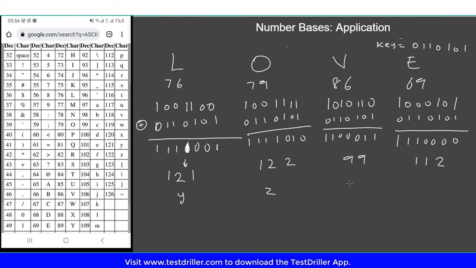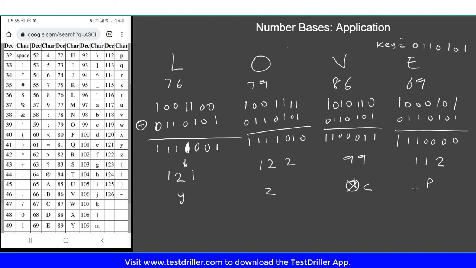Then 99, let's check it again. Sorry, 99 is C, not O, so it's C. And then the last one, which is 1, 1, 2, that's P.